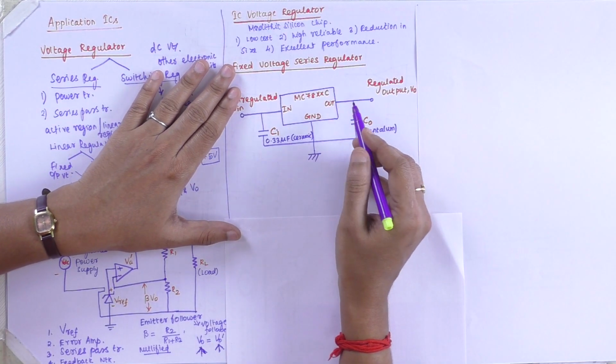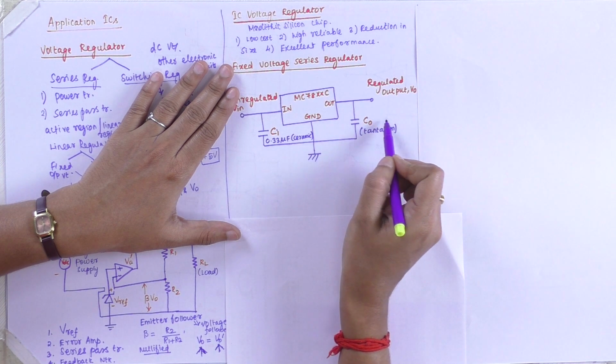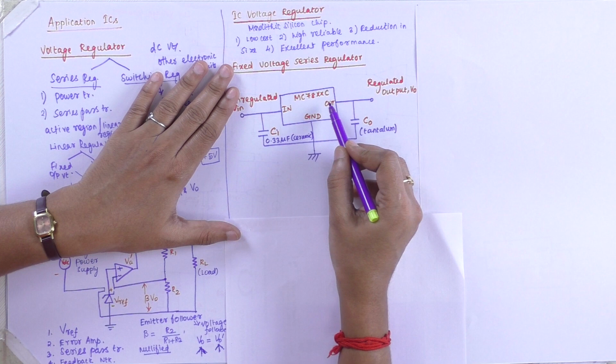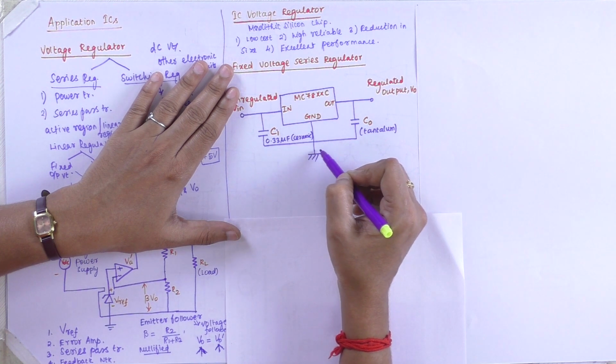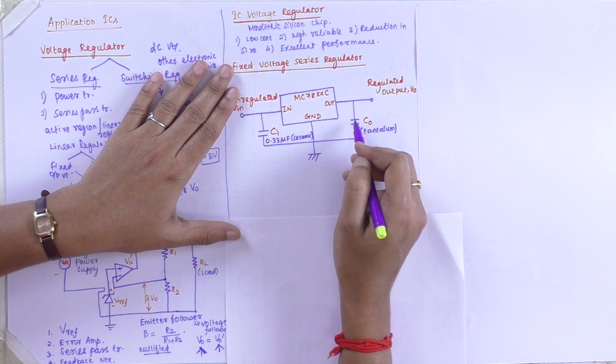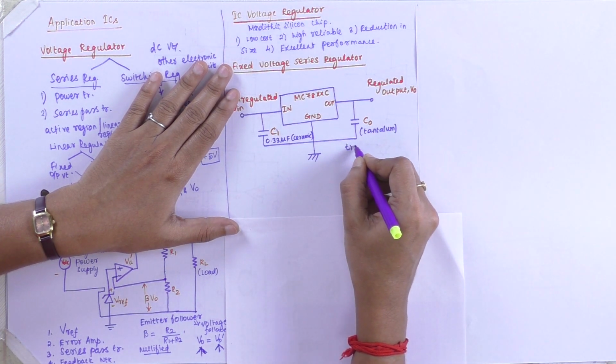In the other case, C naught, which is made of tantalum material, is connected between the output and the ground terminal. This output capacitor C naught is used to improve the transient response.